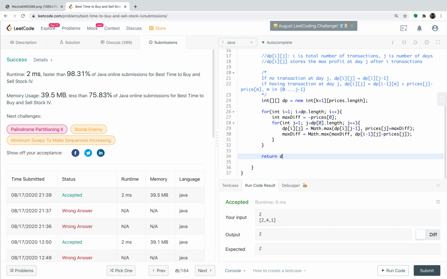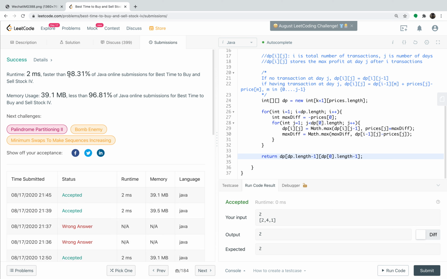Finally, we should return the last position of the DP array, so dp[k][length minus 1]. So that should be the final solution.